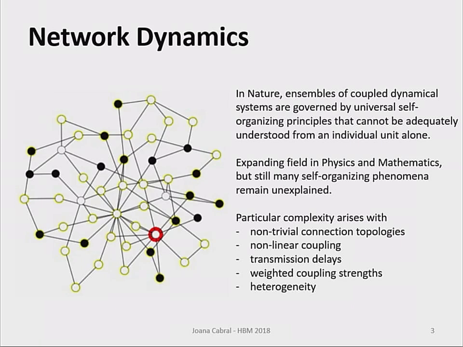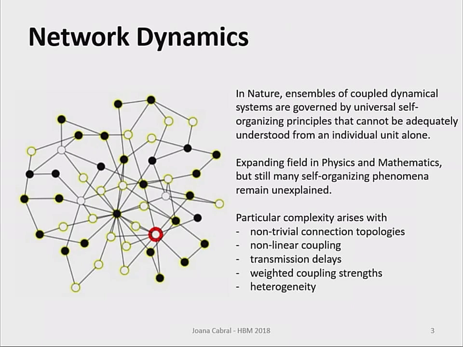This can be described with a set of differential equations that describe how it responds over time. And when you couple autonomous dynamical systems together, it is usually seen that the system obeys, at the macroscopic level, self-organizing principles that are described in nature by universal laws.